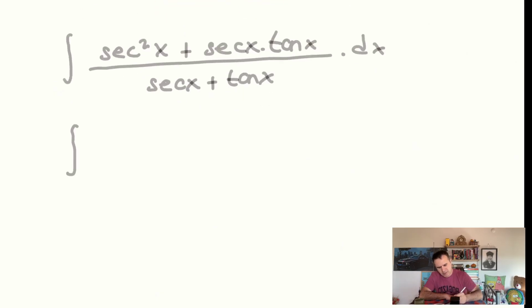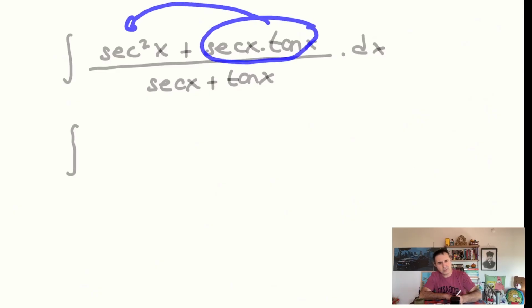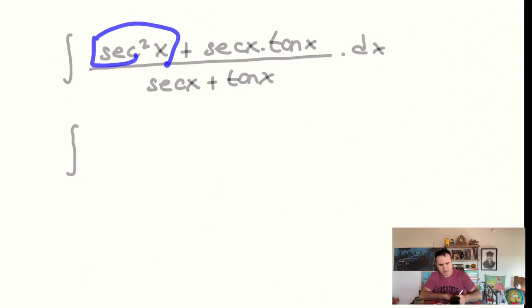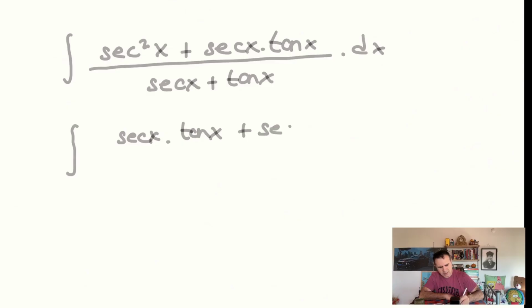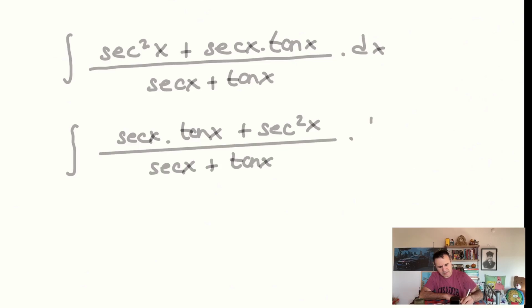Let's write it so that I take secant x tangent x to the left side and secant square of x to the right side, in order for you to see more easily: secant x times tangent x plus secant square of x over secant x plus tangent x dx.